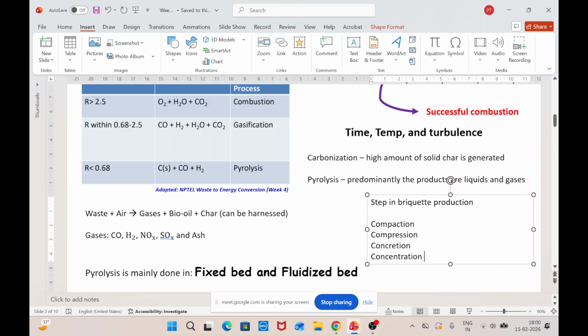Now, anyone who knows the difference between a briquette and a pellet? What's the difference between a briquette and a pellet?